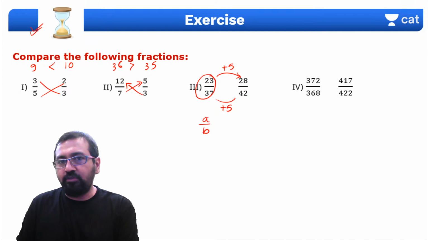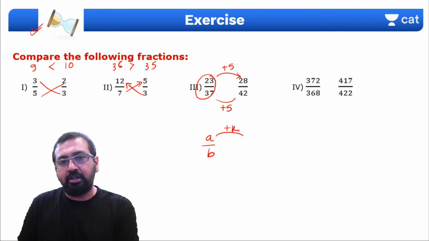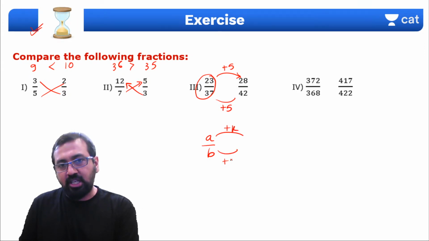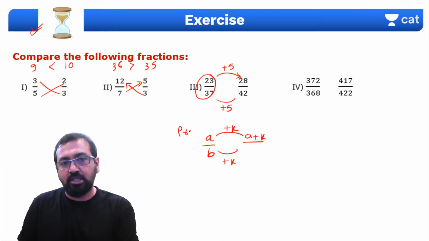There is a rule which says that when you add a constant positive quantity to both numerator and denominator, the resultant fraction will always be greater than the previous fraction if your original fraction is a proper fraction. I repeat, before we come back to this question, let's understand this rule.